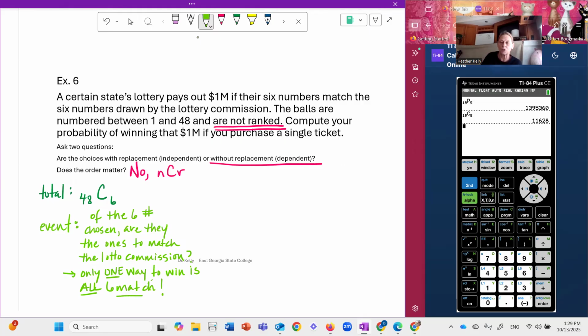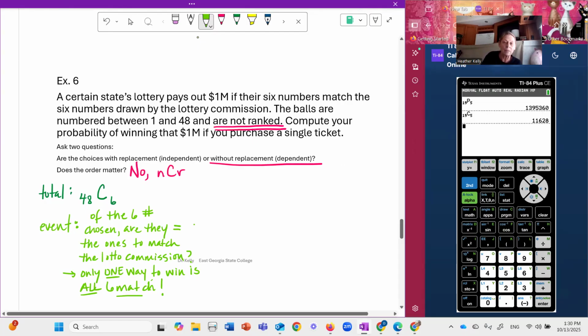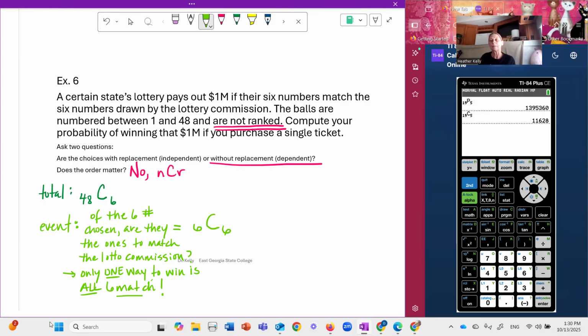And that makes sense. And you're probably like, duh, of course, Dr. Kelly, of course we know that. But I'm making a lot of fuss about it because it's a confusing point. So when we set this up, that means that of these 6 that we chose, 6 were right.